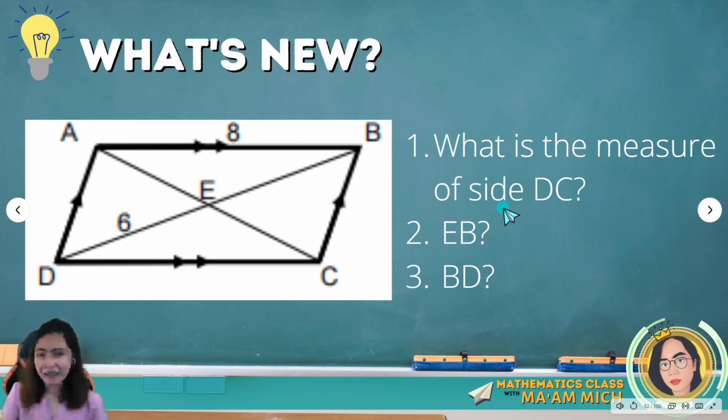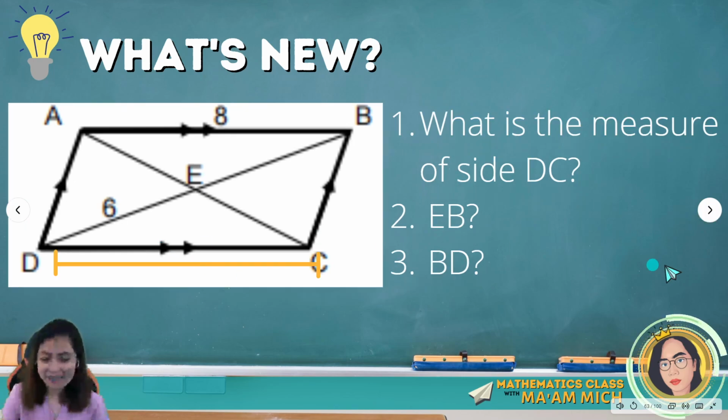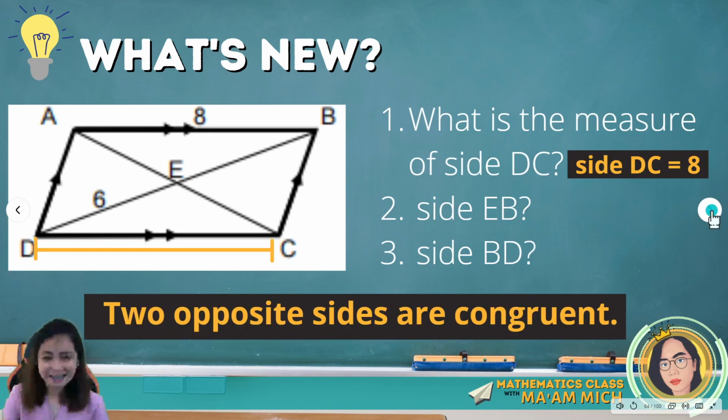What is the relationship of side BC to the given? Let's see. Okay, here's side BC. Very good. Two opposite sides are congruent, therefore side BC is equal to 8 units.